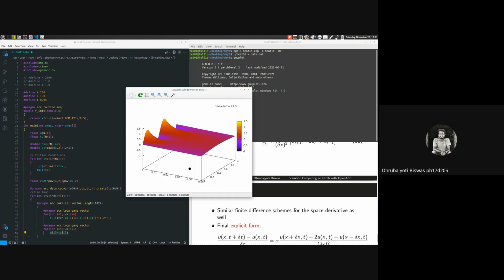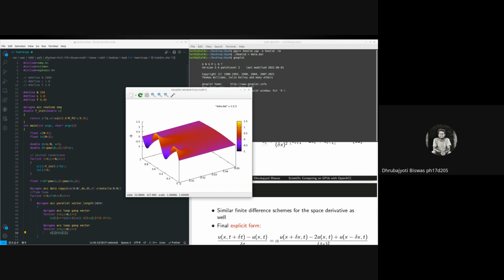Yes. So the initial condition was taken to be oscillatory, so the temperature profile is like this. If you can see, for t equals 0, the temperature profile was oscillatory. This is the x-axis, this is the time axis, and the z-axis is your temperature or your value of u.